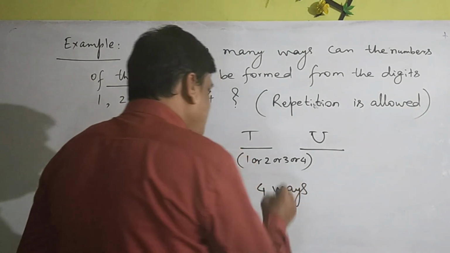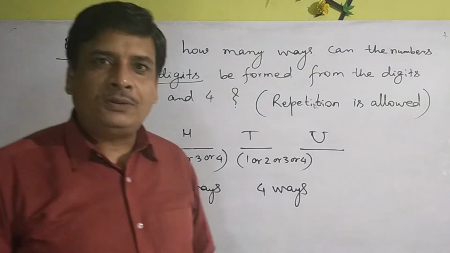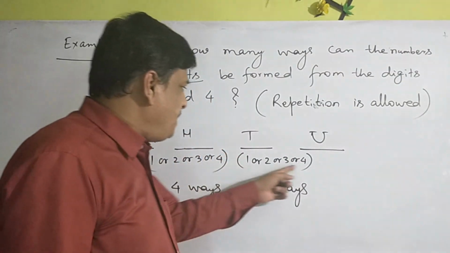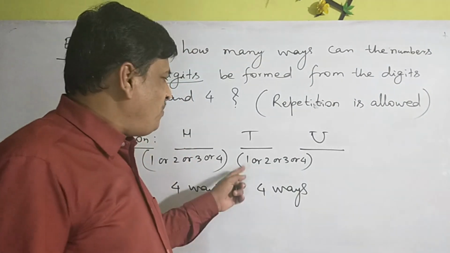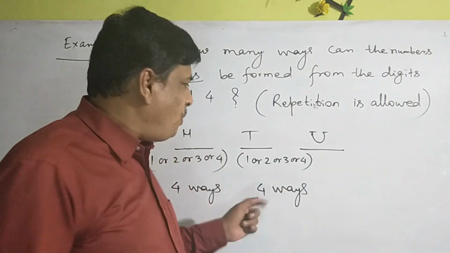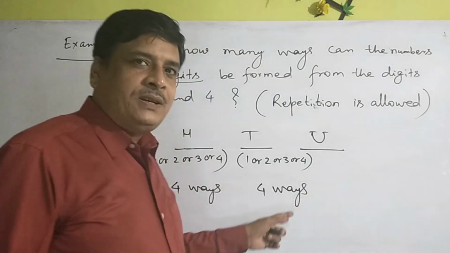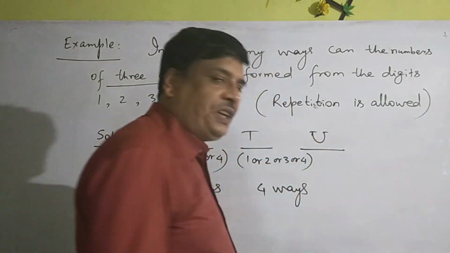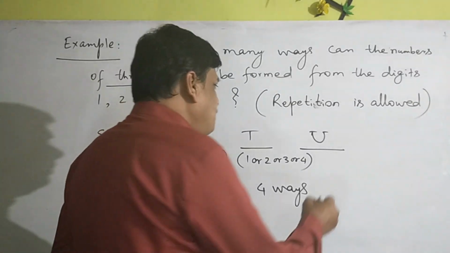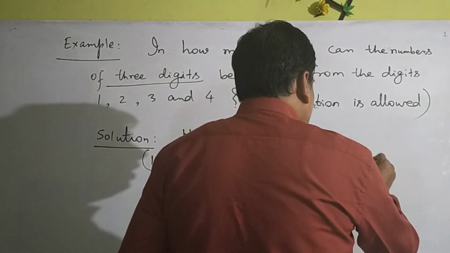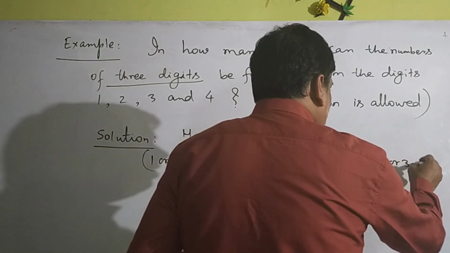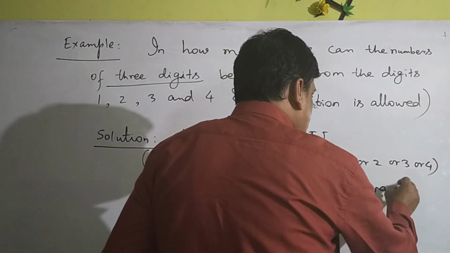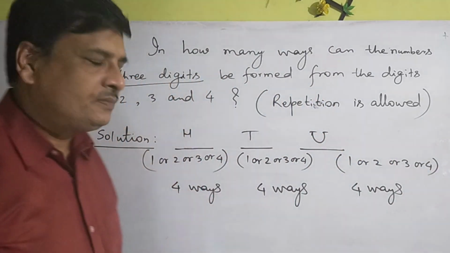By the basic principle of counting, the number of ways is 4. At the units place also, as repetition is allowed, we can fill up this place by 1 or 2 or 3 or 4. So 4 ways for the units place also.